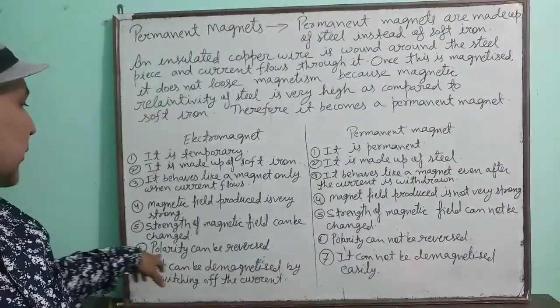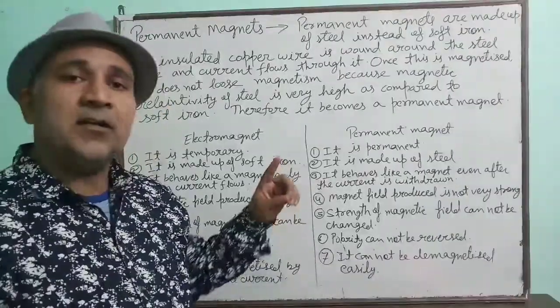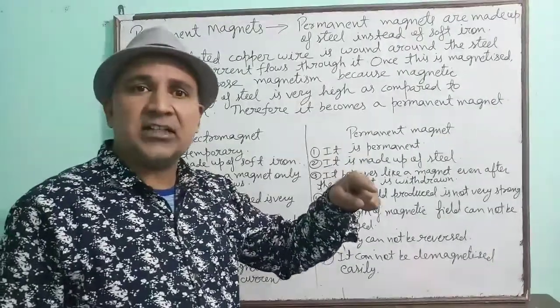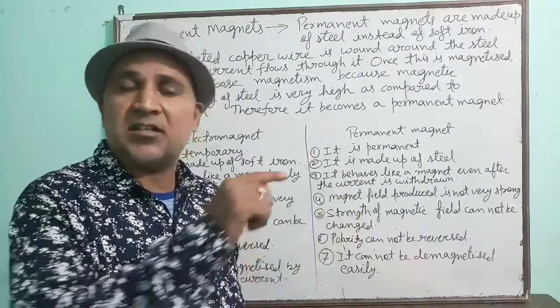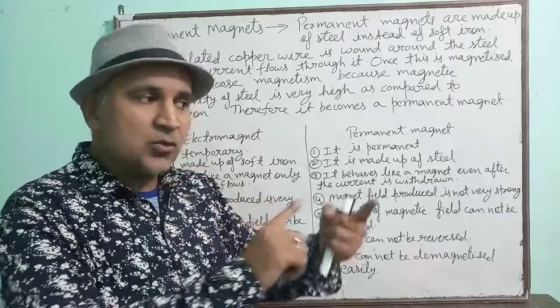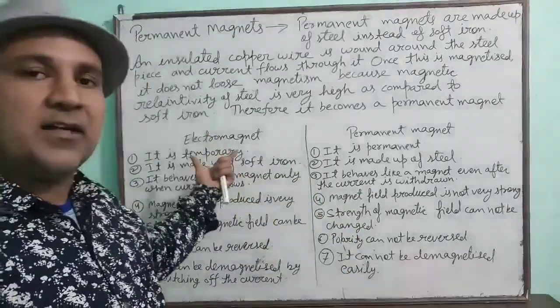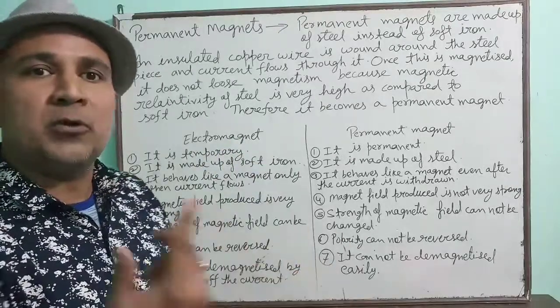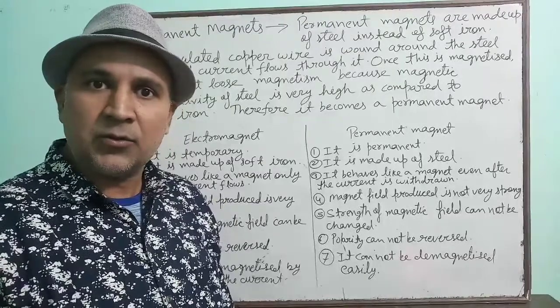Okay. Polarity can be reversed. Yes children, we have studied that anti-clockwise direction is considered as north pole and clockwise direction is considered as south pole. So if we change the direction of current, then in the electromagnet the north pole and south pole will also be changed. Understood?